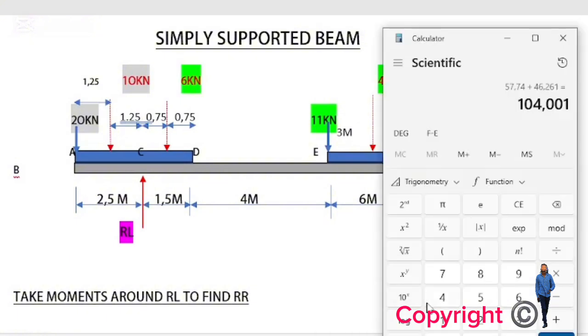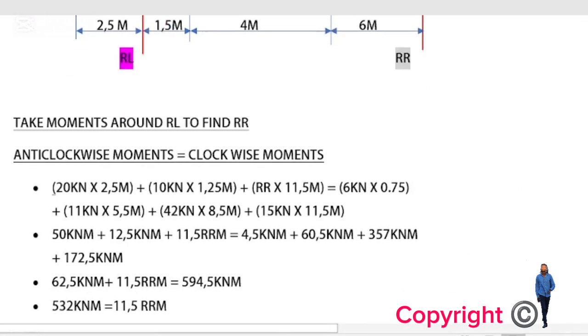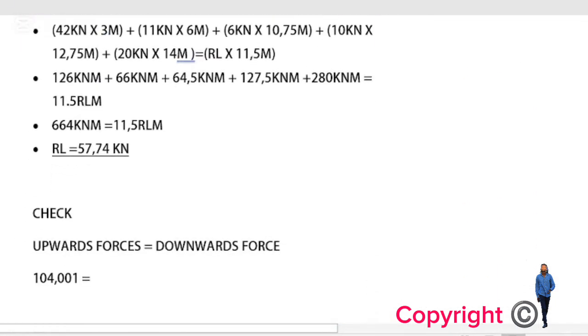It will be 10 plus 20 plus 6 plus 11 plus 42 plus 15, which is 104.